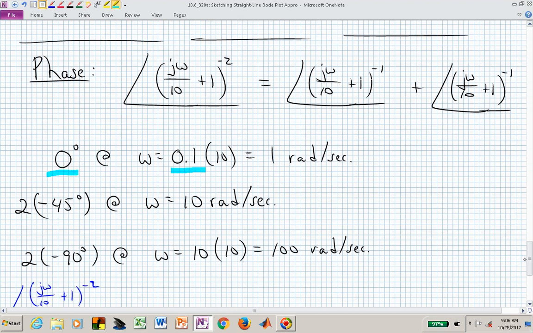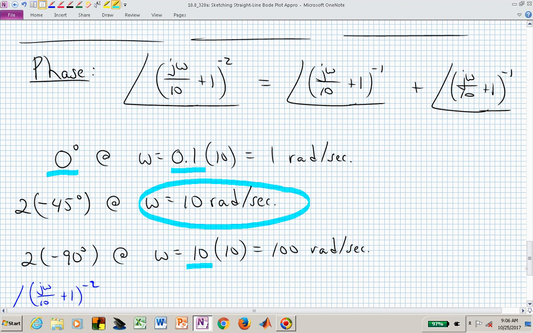A decade beyond the break, or a factor of 10 times 10, we're at twice, because we have a quadratic, minus 90 because it was a pole. We're at minus 180. And in between, we're exactly halfway between 0 and minus 180. We're at 2 times minus 45, right at the sweet spot, or the break frequency of 10 radians per second.